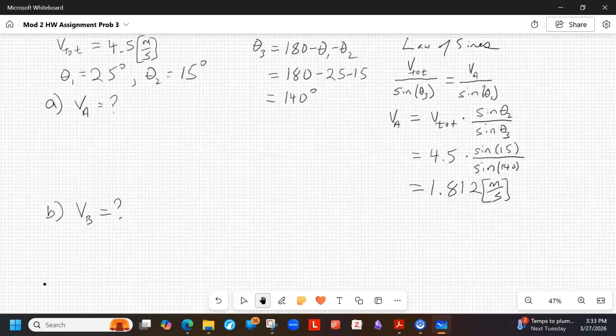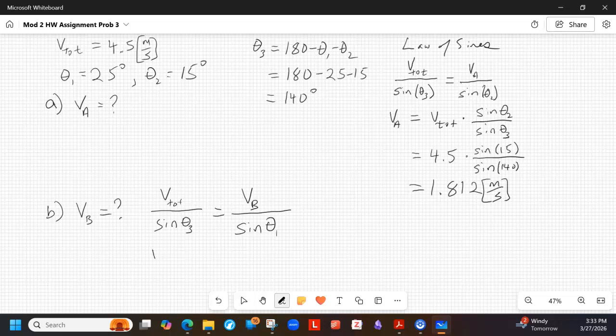So in our case now, using the law of sines, we would have V total divided by sine of theta 3, and that's going to be equal to the magnitude of VB divided by the sine of the opposite angle, which would be sine of theta 1.